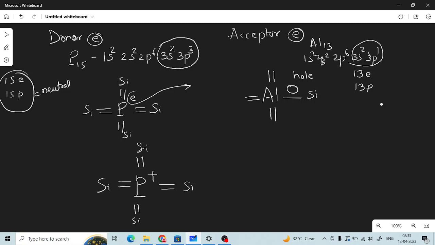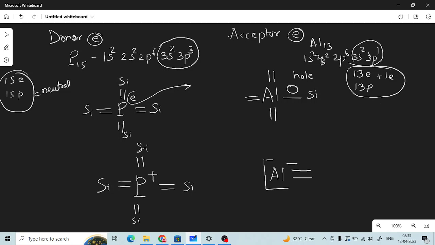Now this electron can go to this vacancy, so the aluminium has an extra electron. Now the aluminium has 14 electrons, one extra. So the total charge will be 13 protons and 14 electrons, that is negative. So this will form a negative ion.